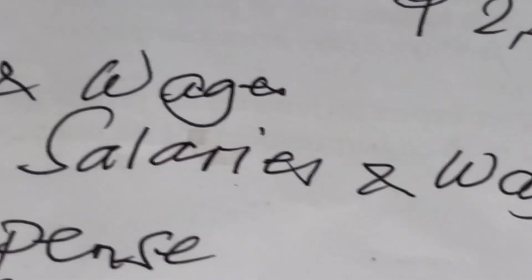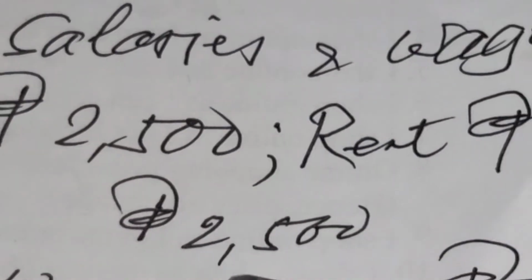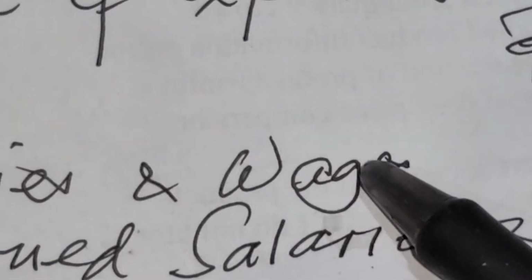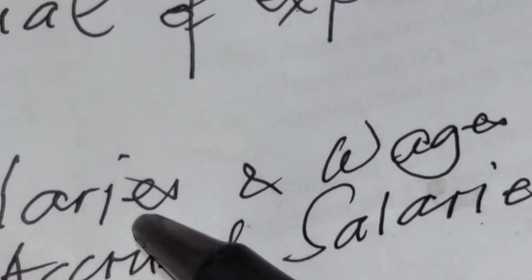Now, how do you make the adjustment? Your salaries and wages is 2,500, and the rent is 5,000. Salaries is for professionals and office staff, wages for laborers, but they are combined as salaries and wages.